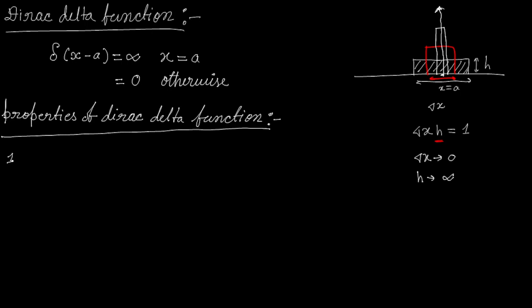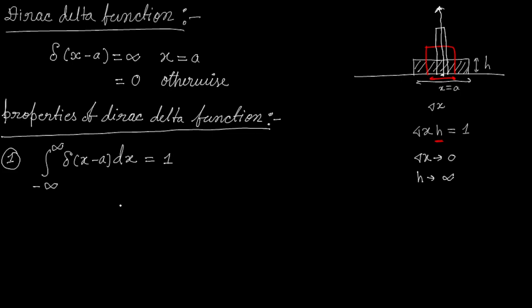The first property is that the area under the curve is unity. As we have seen, we can write this mathematically as the integral of delta of x minus a dx from minus infinity to plus infinity, which gives 1.